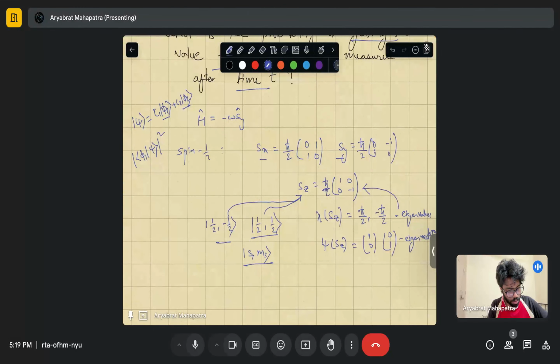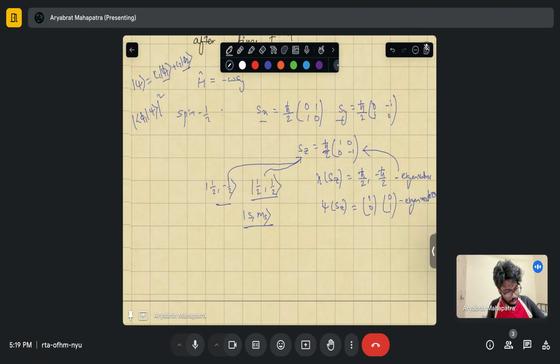In the same way, if you calculate the eigenvalues of Sx, you will get plus h bar by 2 and minus h bar by 2, and the eigenvectors are 1 by root 2 times 1 1, and 1 by root 2 times 1 minus 1.